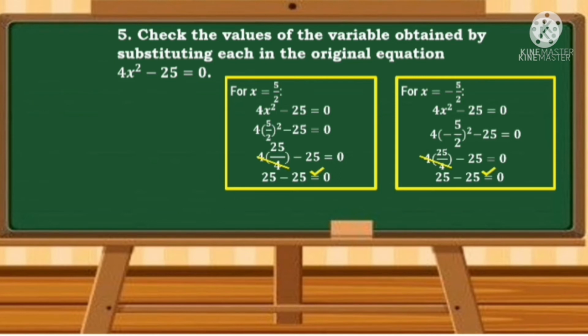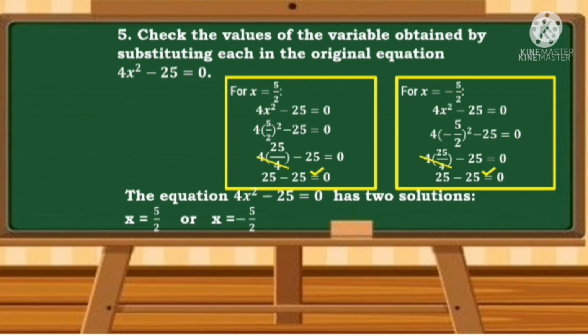The equation 4x squared minus 25 equals 0 is true when x equal to 5 over 2 or when x equal to negative 5 over 2. Therefore, the equation has two solutions: x equal to 5 over 2 or x equal to negative 5 over 2.